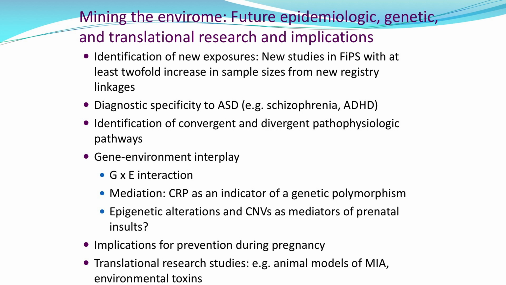For example, C-reactive protein may be an indicator of a genetic polymorphism, and that was studied using Mendelian randomization, at least in a Crohn's study. And then, as always, paying service, rightly so, to the possibility that these exposures could cause epigenetic alterations. This clearly has potential implications for prevention, as many epidemiologic studies do. And I mentioned the possibility of translational studies through animal models, including those being done here.